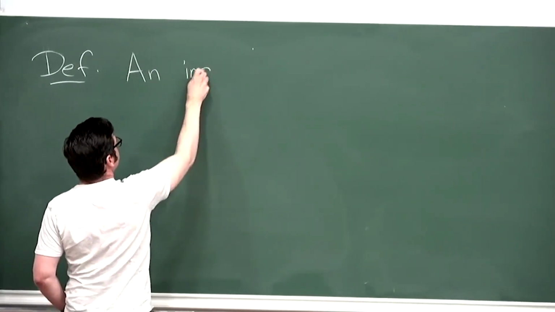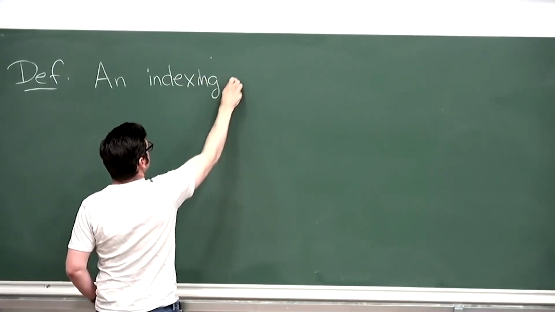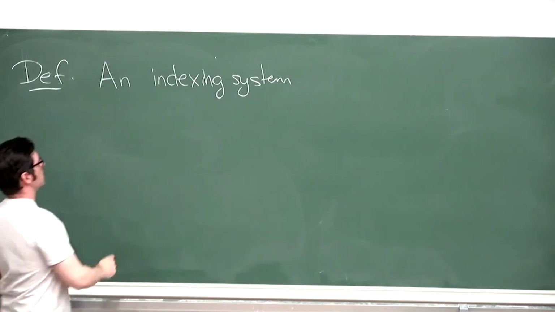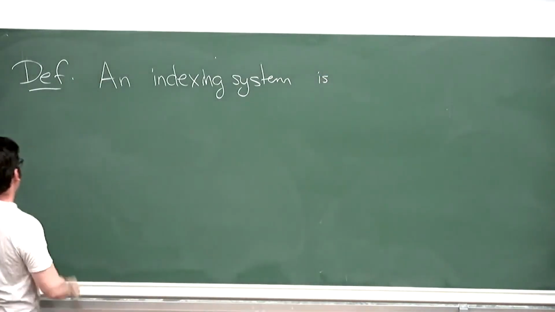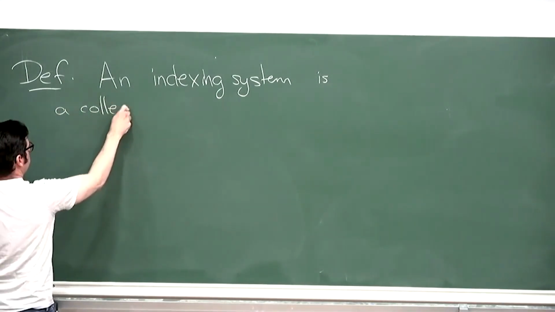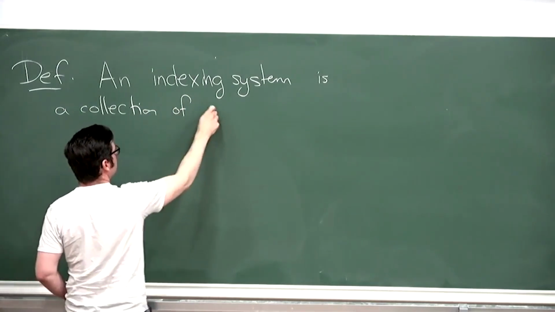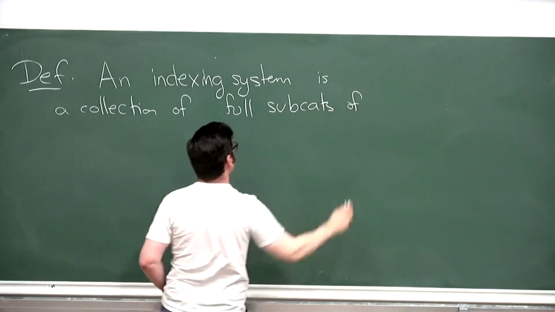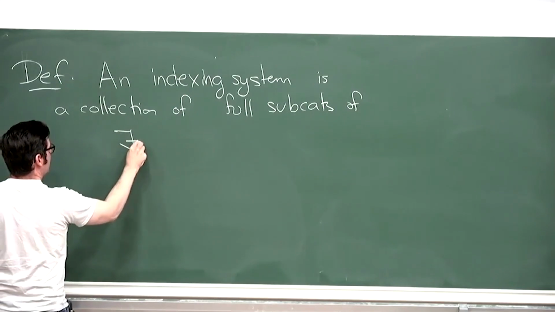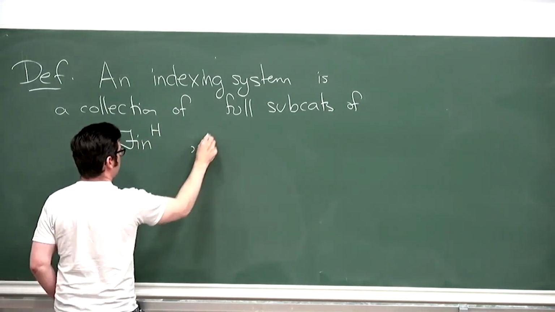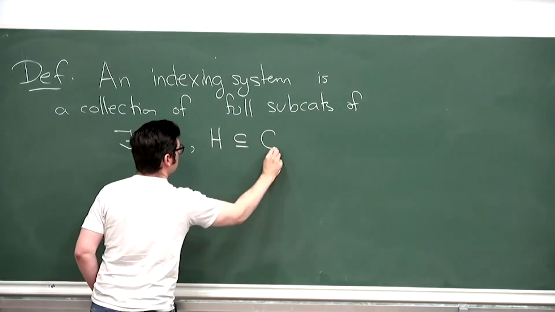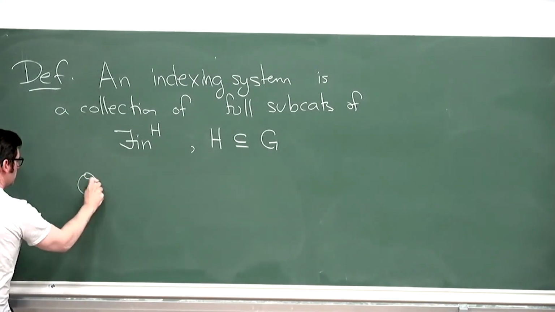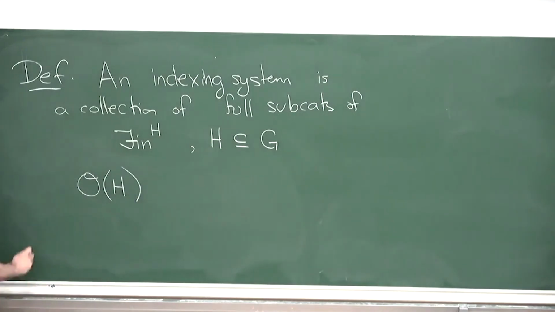So an indexing system, and the indexing here is that it's indexing twisted multiplications, is a collection of full subcategories of finite H-sets as H ranges over all of the subgroups of G. I have one for each H, and it satisfies a few conditions.